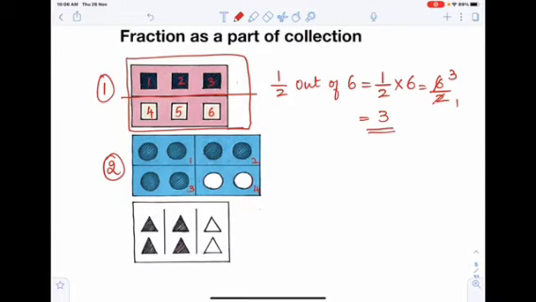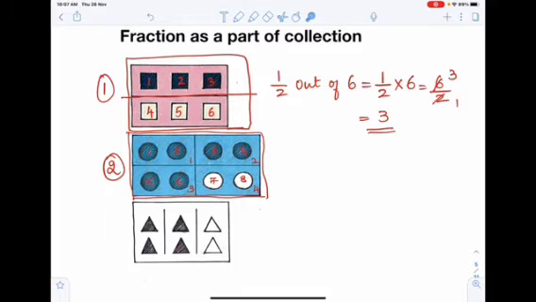So how many items, how many circles do we have in the collection? 1, 2, 3, 4, 5, 6, 7 and 8. Now the whole rectangle, the whole thing is divided into 4 parts. So out of this, I have just 3 parts shaded. Did you observe? I just have these 3 parts shaded. This one is not shaded yet.